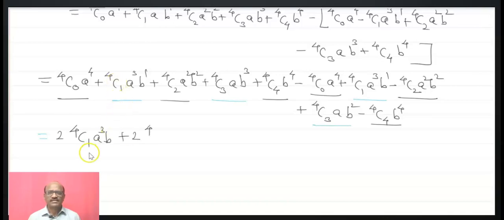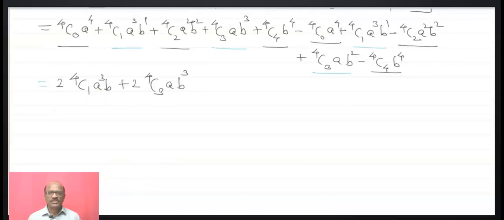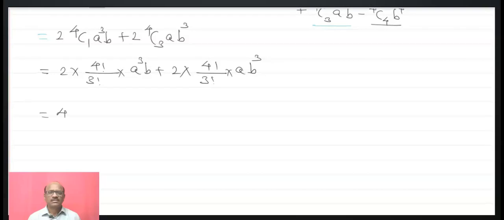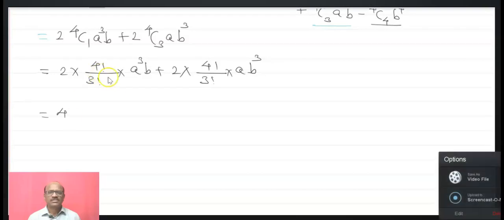It gets added. 2 times 4C3. Now see this here: 2 times 4C1 a raised to 3b plus 2 times 4C3 a b raised to 3. These terms get added. That's why there is a 2.